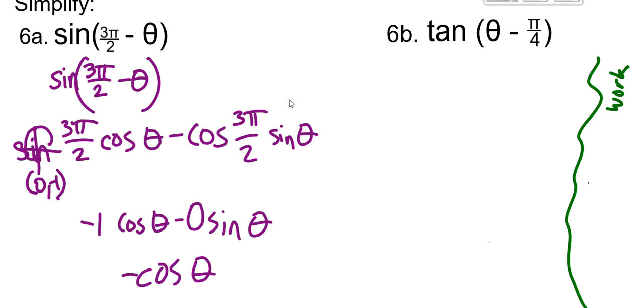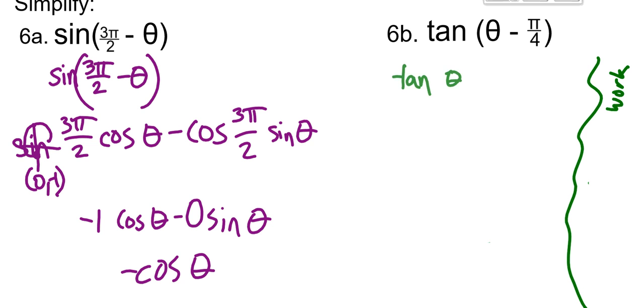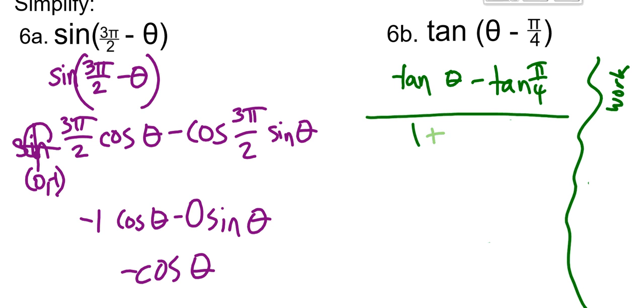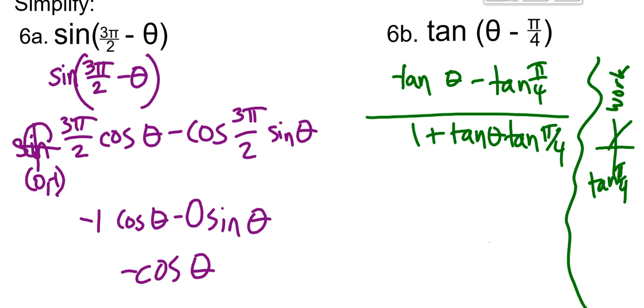So then same situation over here, tangent. So we're going to have tangent theta minus tangent pi over 4, all over 1 plus tangent theta, tangent pi over 4. Just a little reminder, the tangent of pi over 4 is 1, and that's on our little table that we can generate, hopefully.